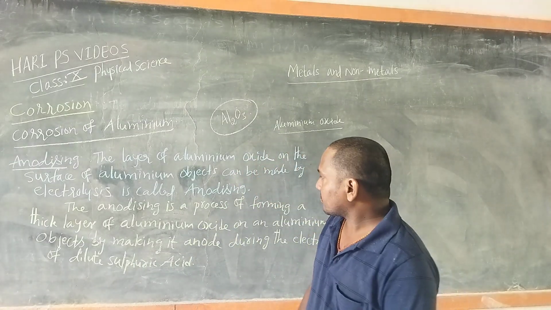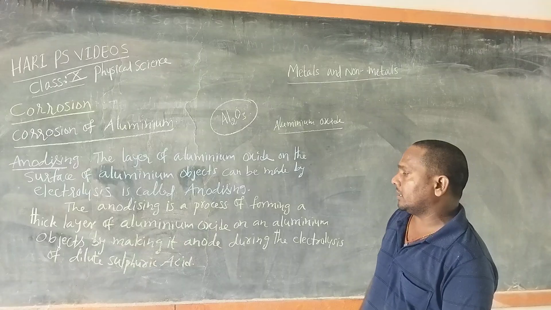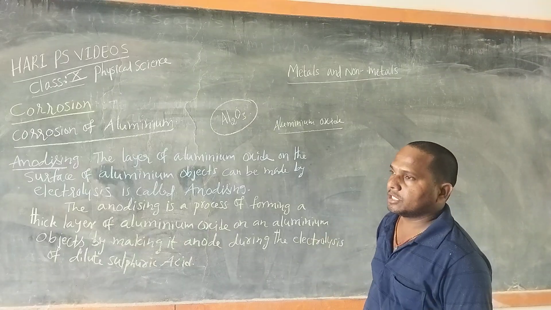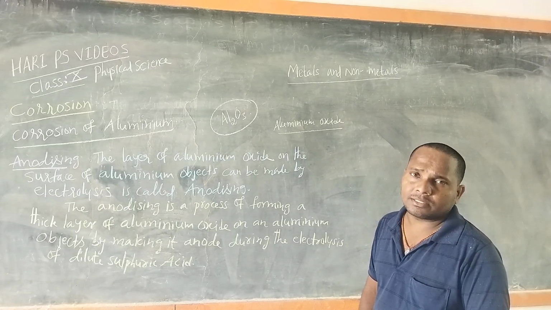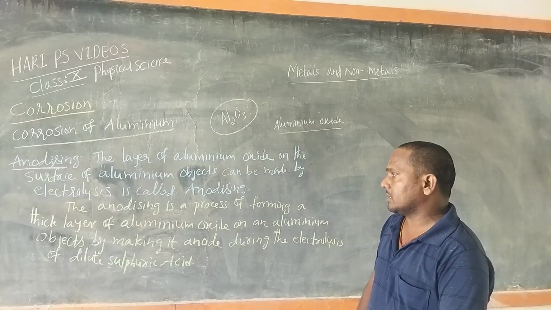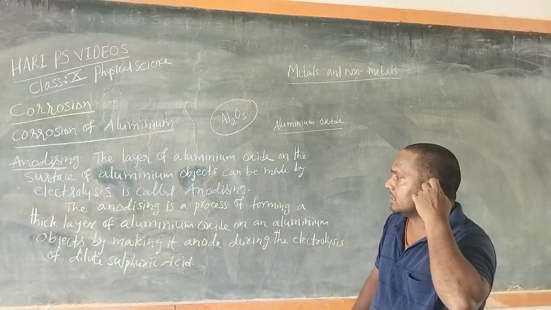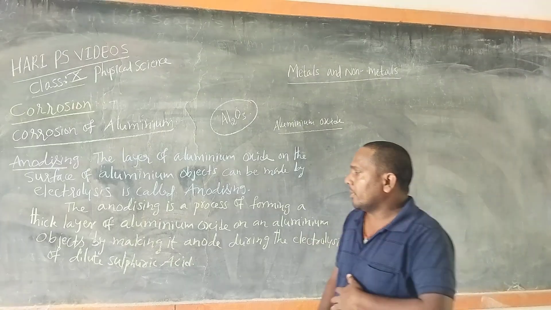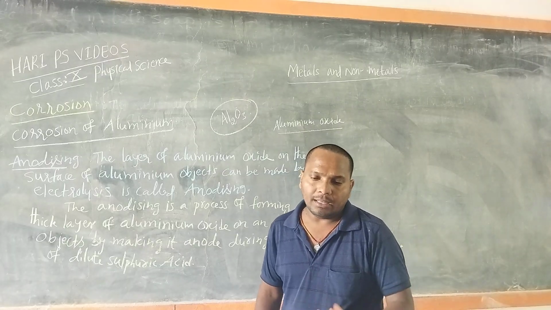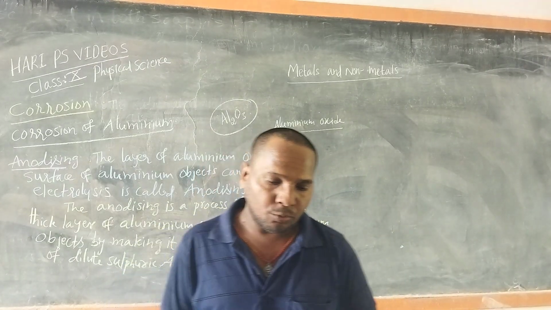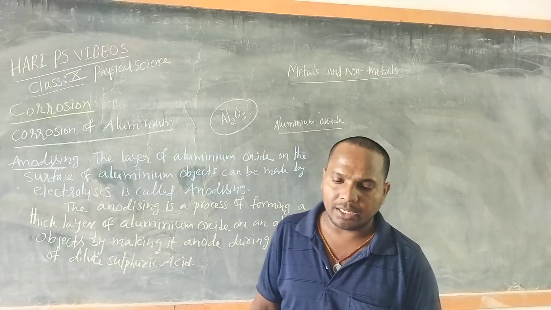In this process, a thick layer of aluminum oxide is formed on the aluminum objects by making them the anode. During electrolysis, there are two electrodes, one is the anode and the other is the cathode. In anodizing, a thick layer of aluminum oxide is formed on the aluminum objects by making them the anode during the electrolysis of dilute sulfuric acid.